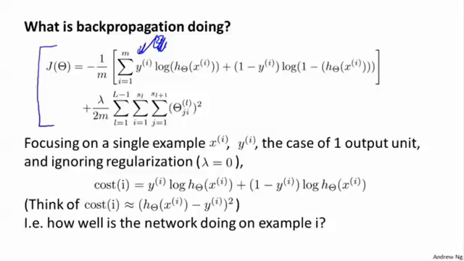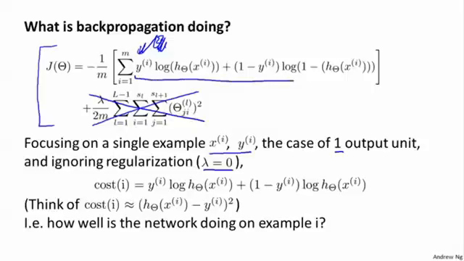So let's just focus on a single example, xi yi, with one output unit, so yi here is just a real number. And let's ignore regularization, so lambda equals 0 and the regularization term goes away. Now, if you look inside this summation, the cost term associated with the ith training example, xi yi, is given by this expression.